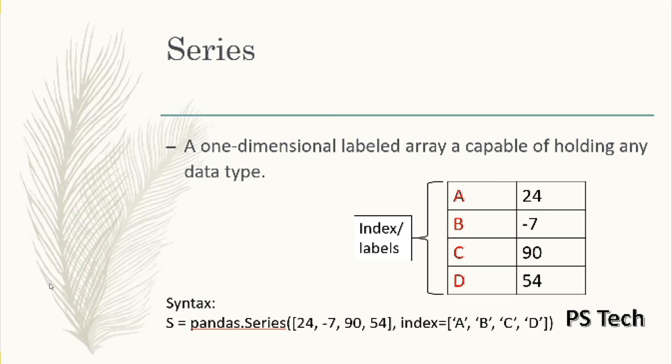That's why it is called a one-dimensional labeled array, as it is one-dimensional. The syntax for that is the pandas.Series method used to create a Series array. Here the parameter passed is a list of 24, -7, 90, 54 and the index is a list of A, B, C, D.